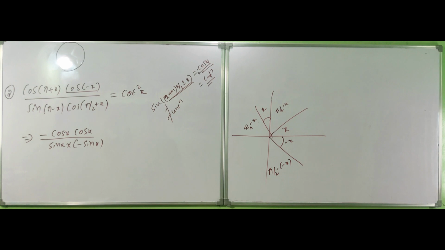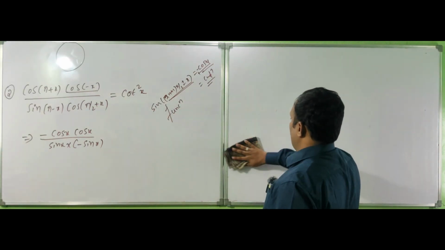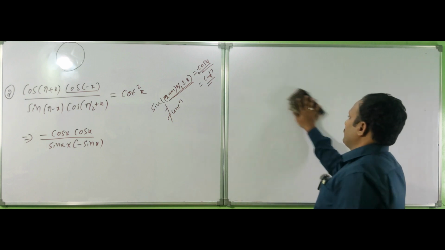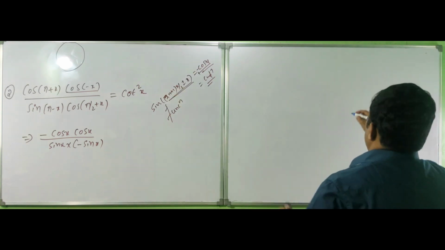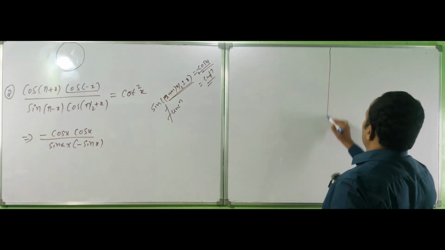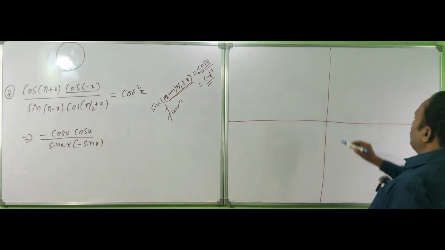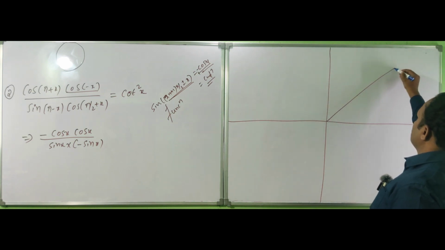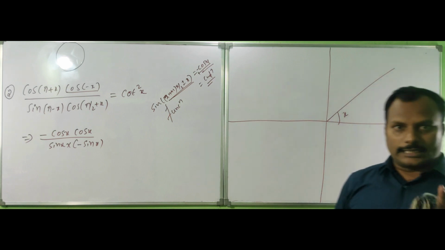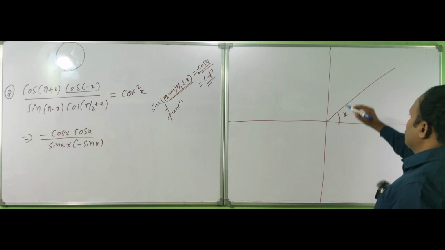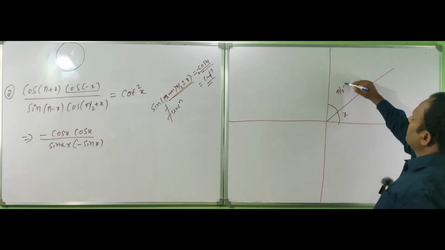Just remember this, and whether you take the plus or negative, we should not get confused over here. I am taking the whole board, this is the domain. If I take this as an angle, this becomes pi by 2 minus x.